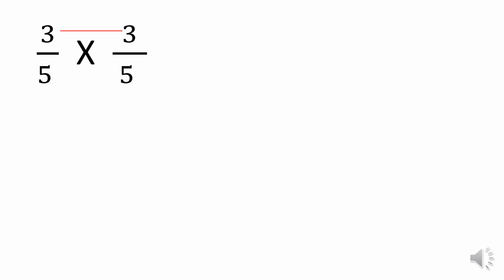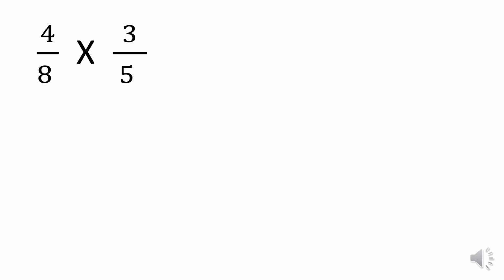You see, we don't divide this way, we multiply this way. 3 times 3 is 9. 5 times 5 is 25. So the answer is 9/25. Again, another proper fraction. Is there any number that can go into 9 and 25 without a remainder? No, there isn't. So our answer is 9/25.